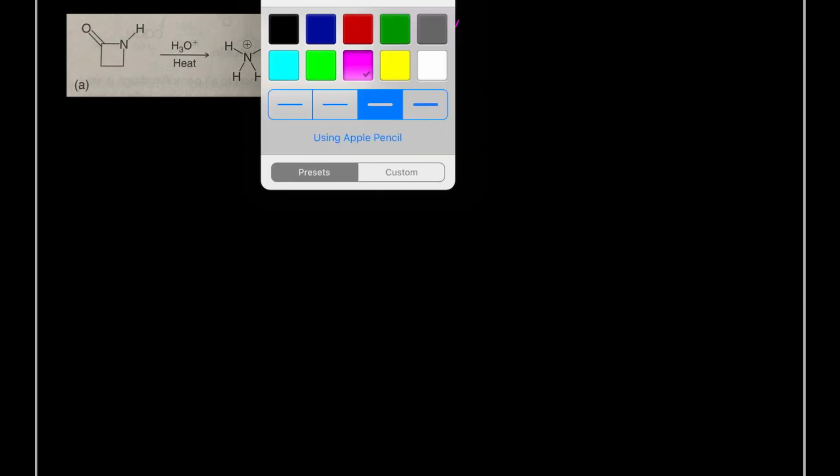Okay, here's problem 28, part A, and it asks us to propose a mechanism for each of the following transformations. So we just have to go through the motions here. So you know, you want to protonate this oxygen, okay, and that gives you the intermediate I'm trying to draw here.